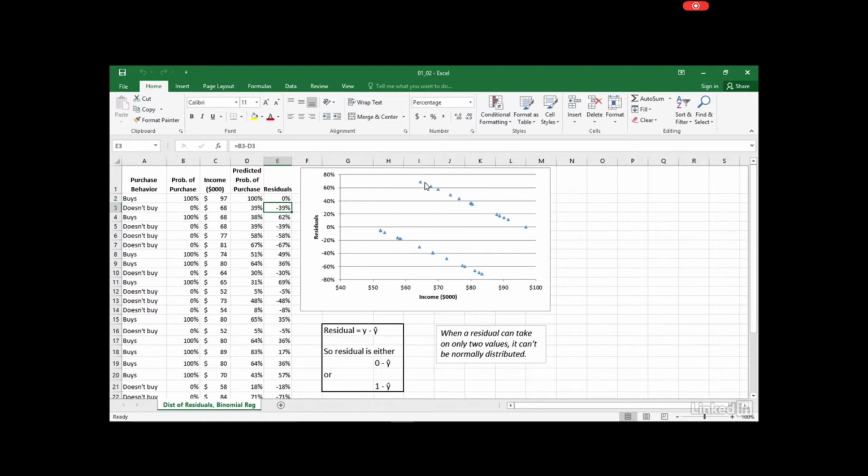What we've got here is two parallel lines. In this case, they're declining diagonally. And this is exactly the kind of pattern that you will always get with a binary variable as the outcome variable.